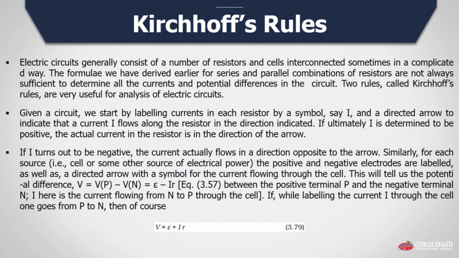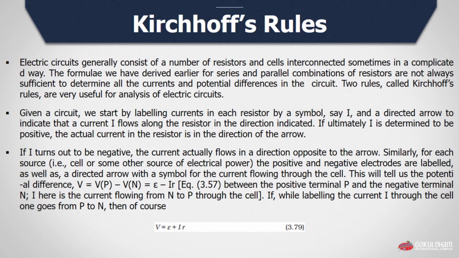This arrow tells us in which direction the current is flowing. This will tell us the potential difference V equals V of positive minus V of negative equals electromotive force epsilon minus IR, which is our equation 3.57, between positive terminal and negative terminal, and I here is the current flowing from negative to positive through a cell.